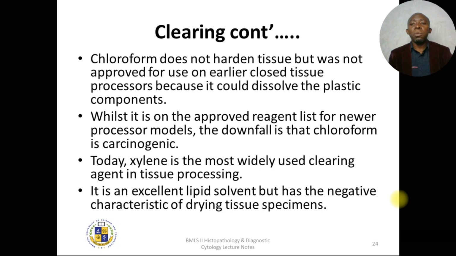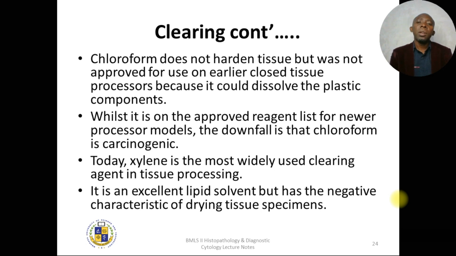So it would have been a good clearing agent, but some other effects which happen with some clearing agents make them not good for use, because chloroform, like in this case, can dissolve other plastic components of the equipment, the machine. If we look at the automatic tissue processor, it has some plastic components, not all metallic, as we appreciate with most of the machine.